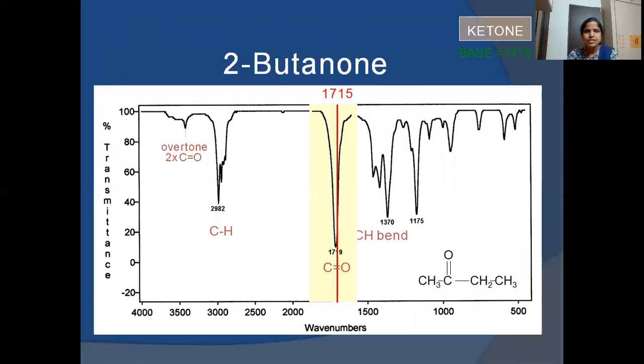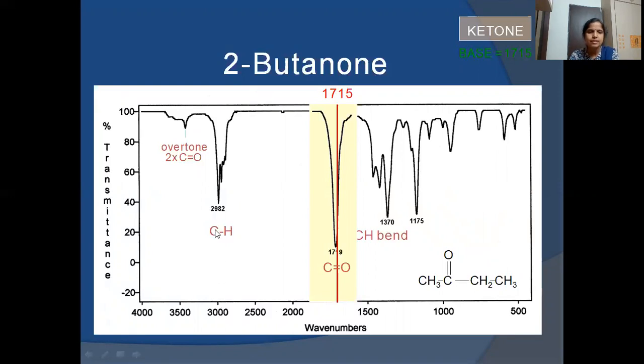The first example, let us discuss 2-butanone. 2-Butanone is a ketone. It has C double bond O, and the other carbons are sp3 hybridized. As I said, first we have to start looking for absorption bands right from the 3000 mark.